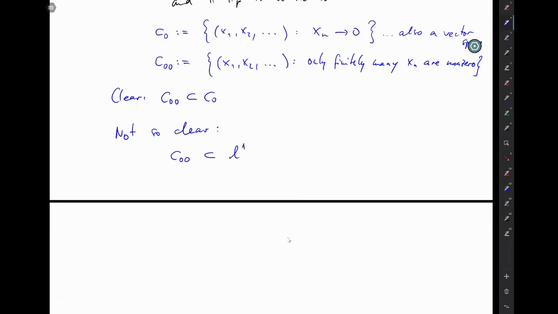And then as P gets bigger, the space gets bigger. So let me say this is contained in LP and this is contained in LQ, where P is less than Q. And they're all contained in C0, and this again is contained in L infinity. So this Q is here less than infinity.